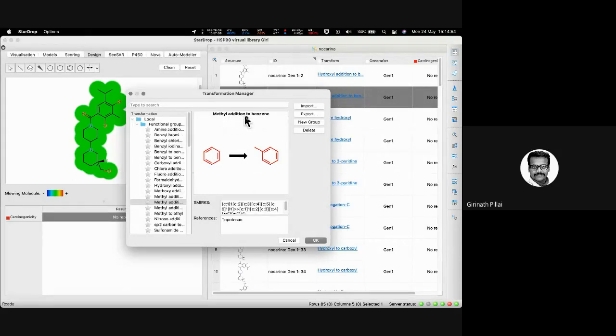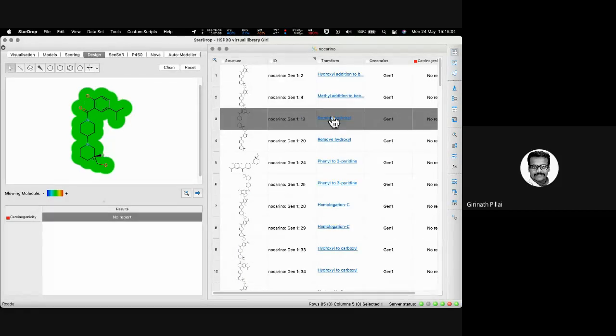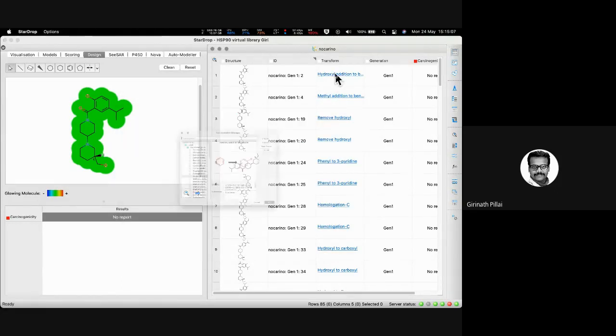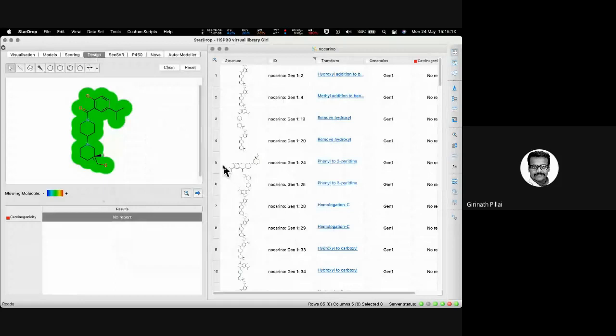So this is a methyl addition to benzene that reduces the carcinogenicity. See, very simple, right? Removal of the hydroxyl group also removed carcinogenicity. Hydroxyl addition to benzene is also reducing carcinogenicity.